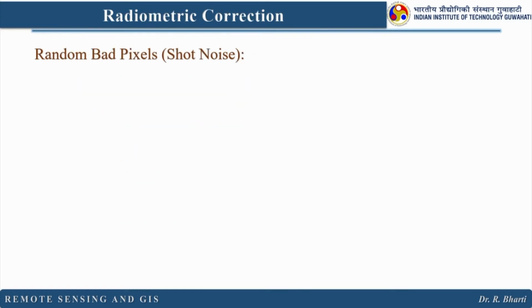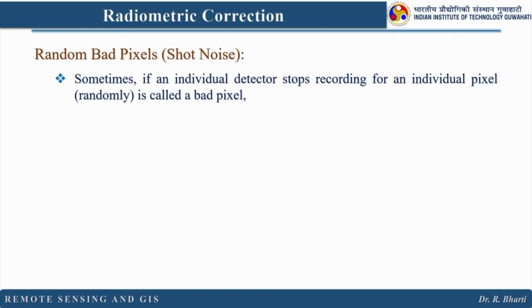Now the first one is random bad pixel. Here it says, sometimes if an individual detector stops recording for an individual pixel, it is called a bad pixel. So here you have to understand, we are talking about an individual detector. Let us say this is your satellite, and here you have a sensor, and in this sensor you have many detectors, right, and one of them, let us consider this one, stopped recording.